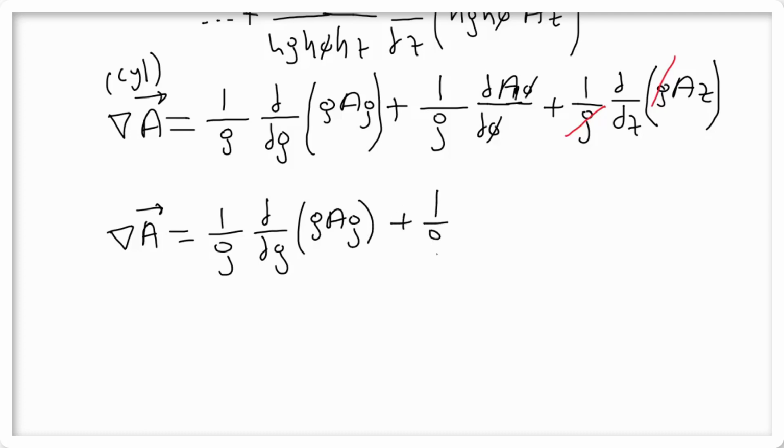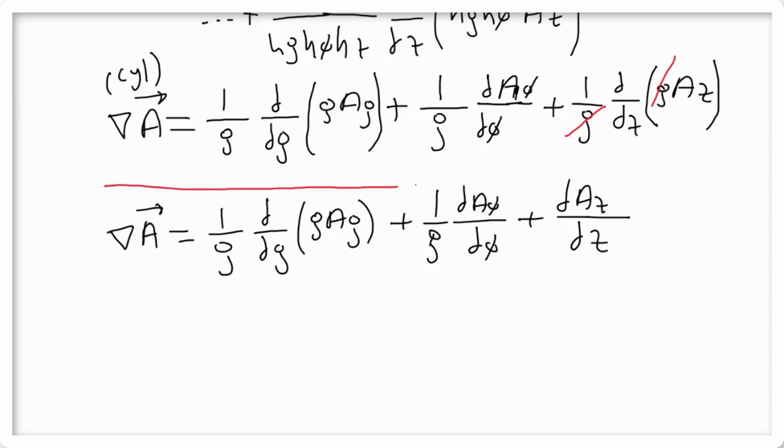Let's write it like that. 1 over rho dl a phi over dl phi. The following rows were simplified, so we calculated the divergence in the form of what was left. dl az divided by dlz.